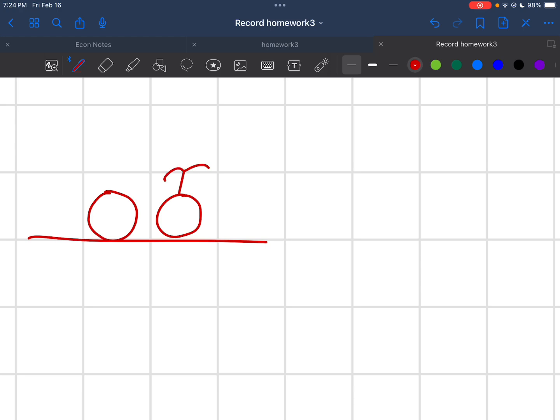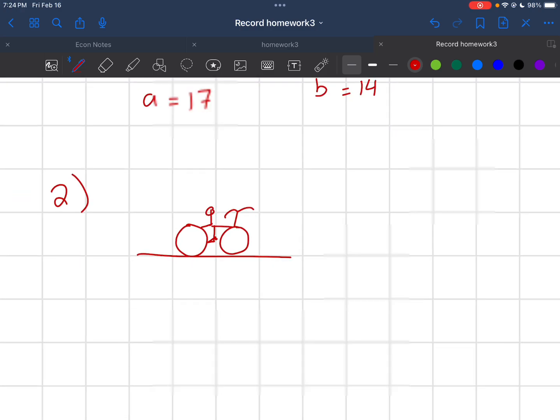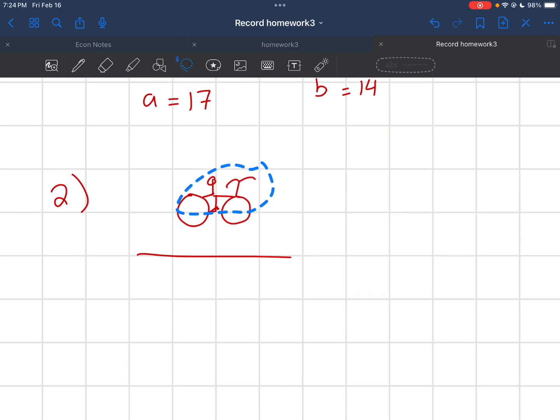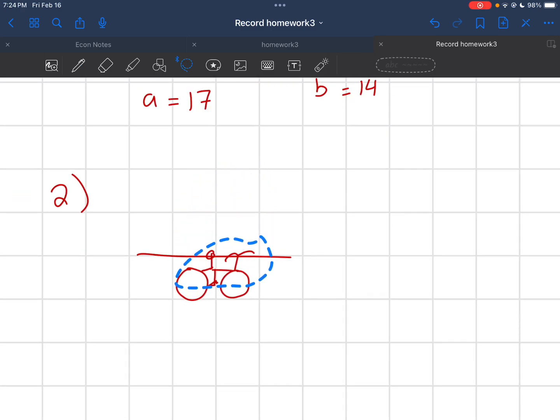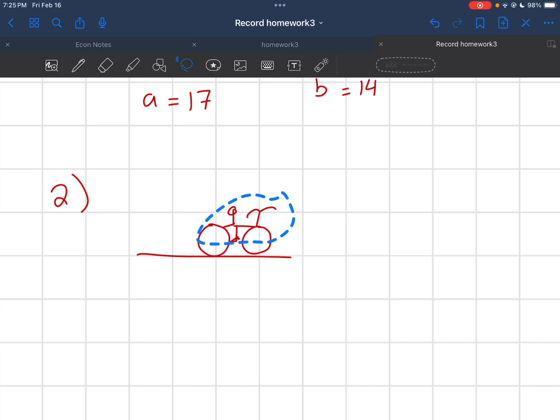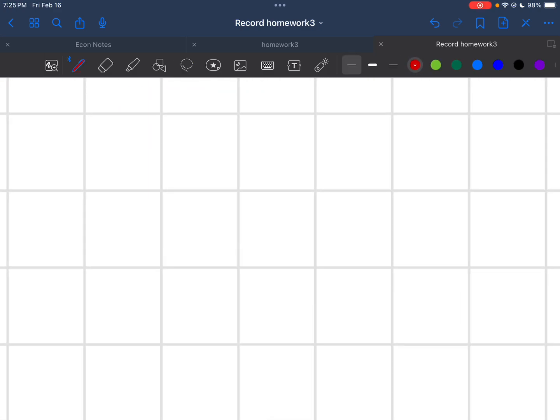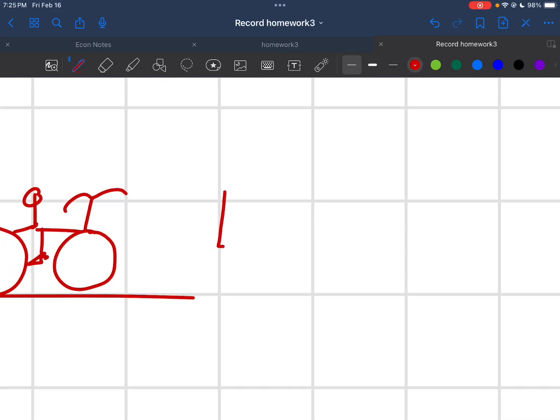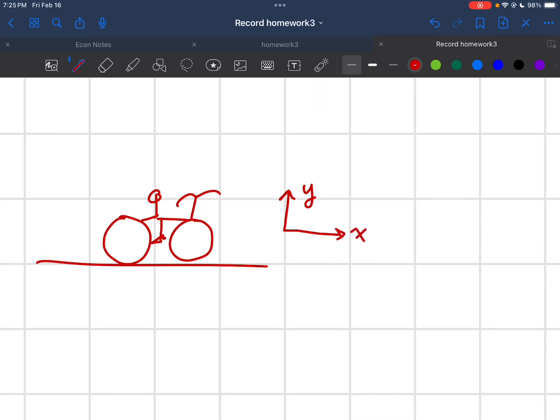And I'm going to draw myself a little bike here, with pedals and stuff. They're not jumping up off the road, and they're not sinking into the road. They're just moving along it. So if I say with my axes looking like this, an x direction and a y direction, that means that the only acceleration that they'll have is in the x direction.